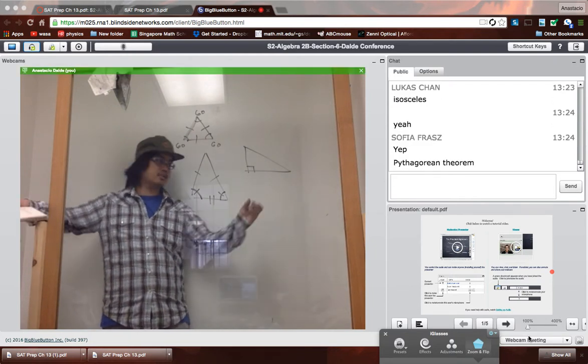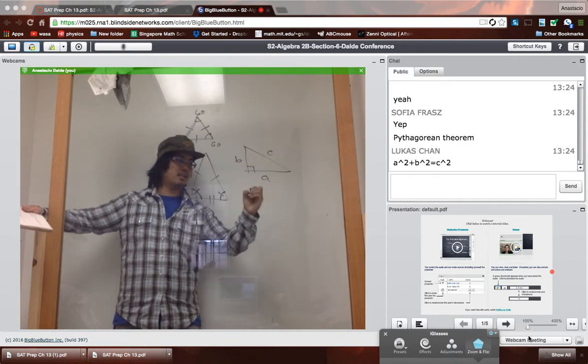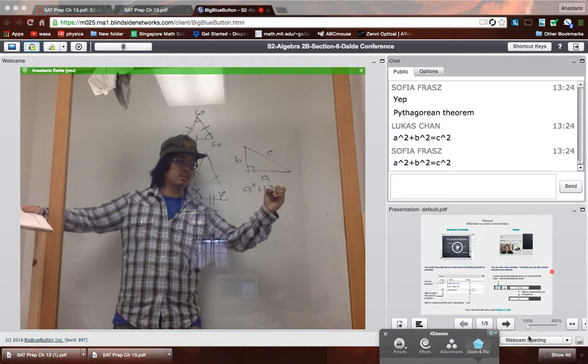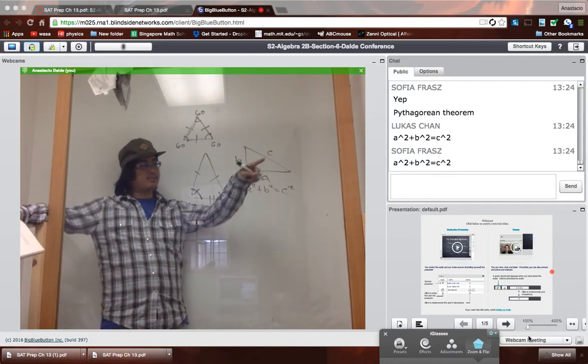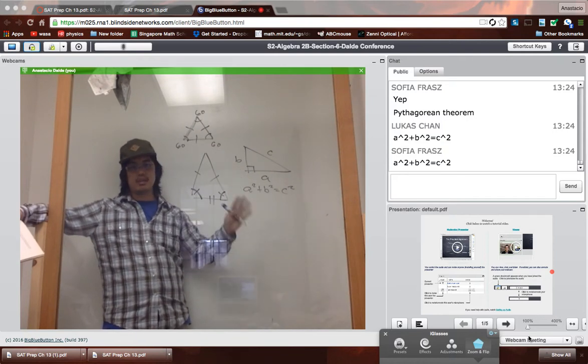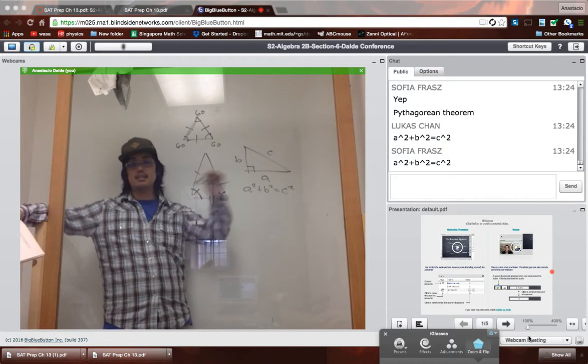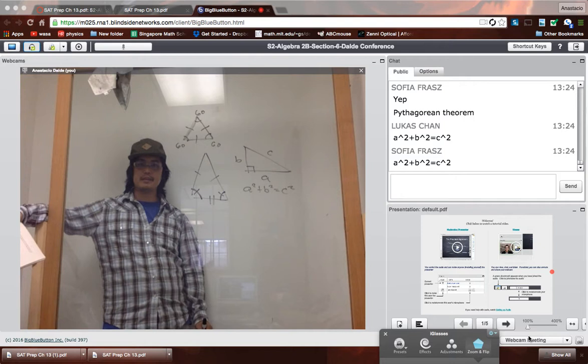Pythagorean theorem, which is if this were A and this were B and that were C, then A squared plus B squared equals C squared. Now, C always has to be the hypotenuse. But I could have switched these. This could be A and that could be B. It doesn't matter, as long as C stays as the longest side. Got it? All right, cool.